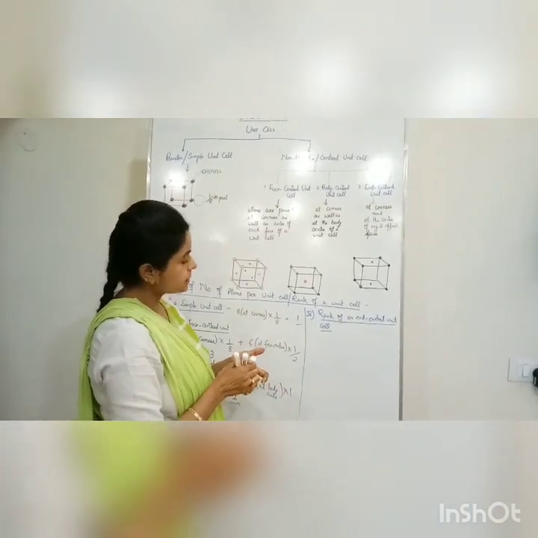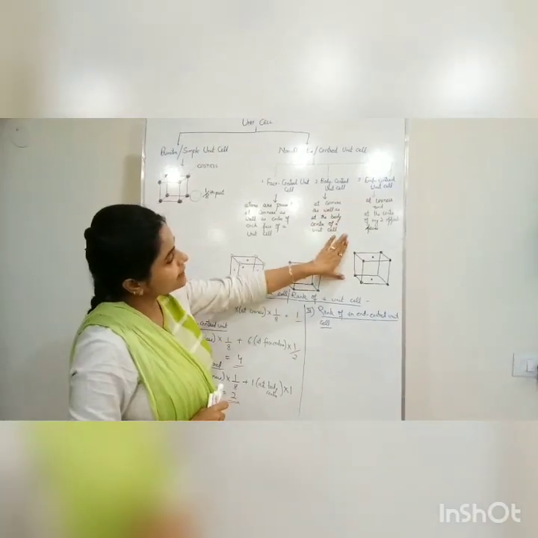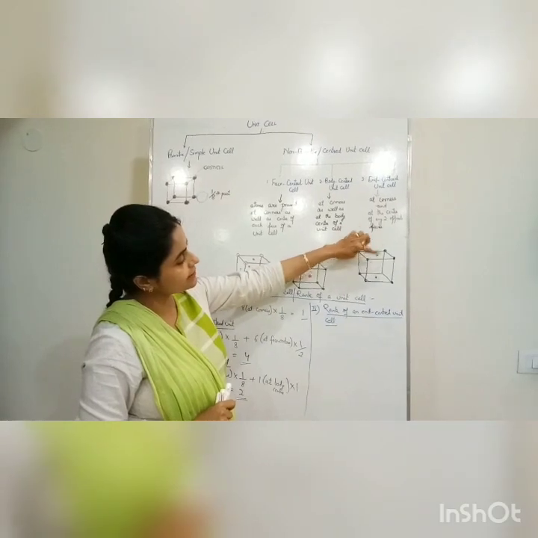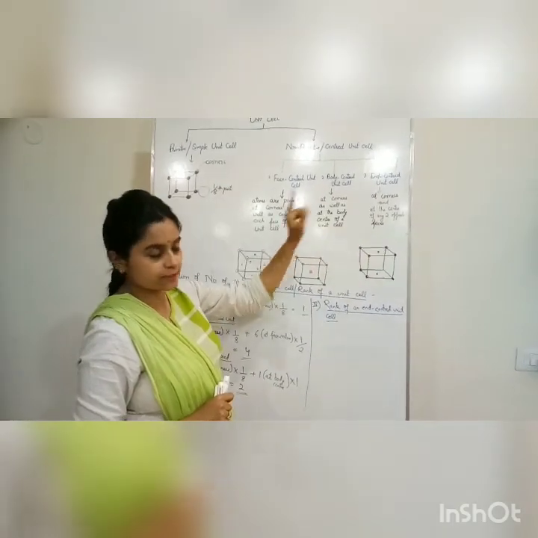Here we see that in the end-centered unit cell, atoms are present at the corners as well as at the center of 2 opposite faces.